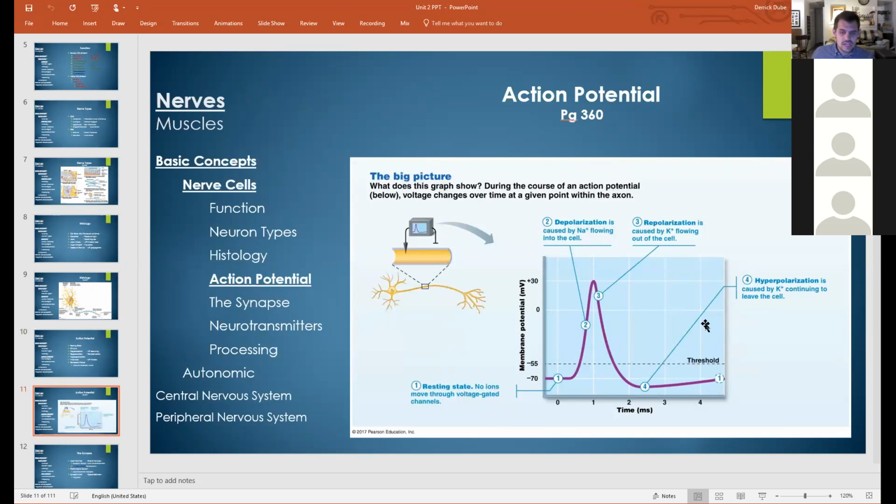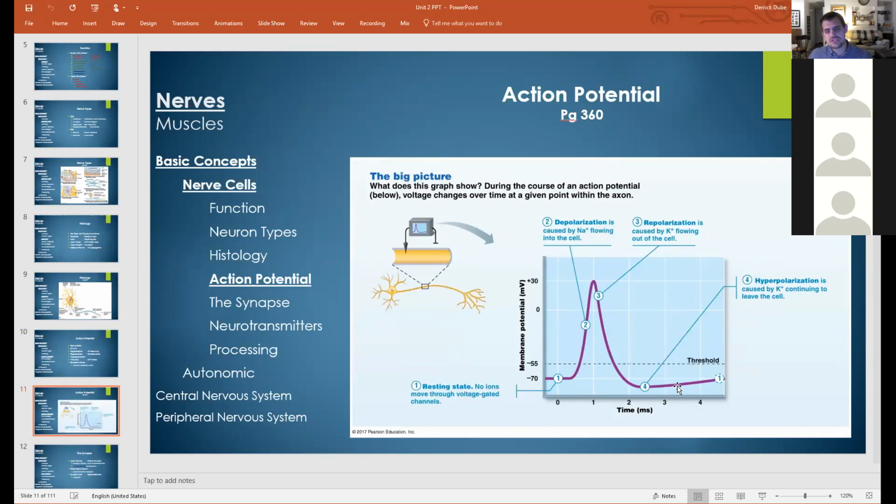You get depolarization of the cell. It spikes, and then the cell says we need to repolarize and get back to normal. It works so fast and so hard that it drops below your normal. That's called hyperpolarization right there.